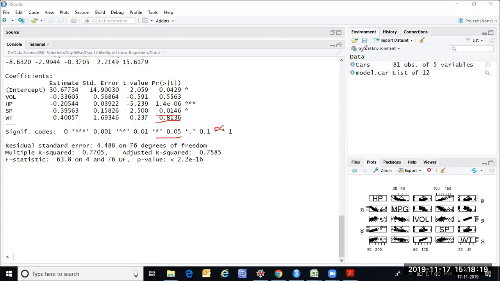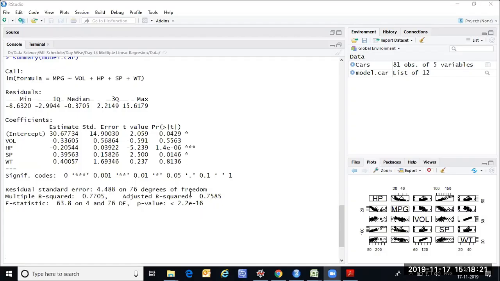So only these two variables are not significant. These two coefficients are not significant. What does that mean? When the coefficients are not significant, what does that mean? That means we cannot consider these values as the coefficients of those variables in our regression equation.